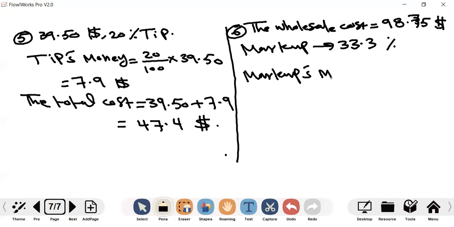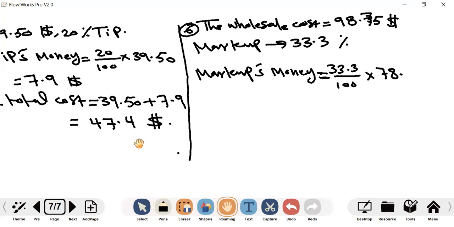Markup money is 33.3 over 100 multiply 98.75.